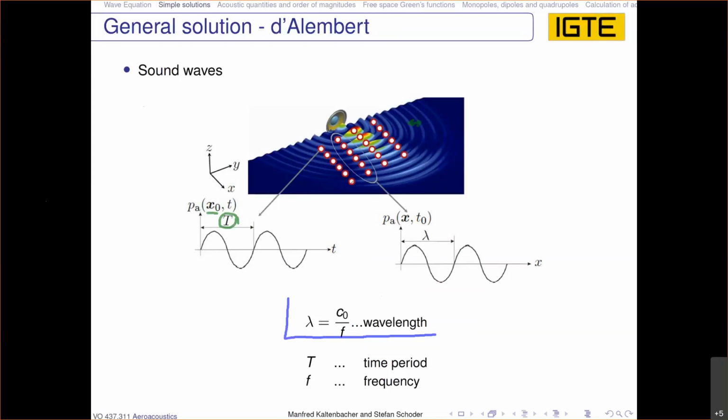On the other hand, when we have a lot of microphones, we can plot the acoustic pressure at a fixed time over a space coordinate, for example, an x coordinate. Let's say the x coordinate is going in this direction. And then you will also see this periodicity.